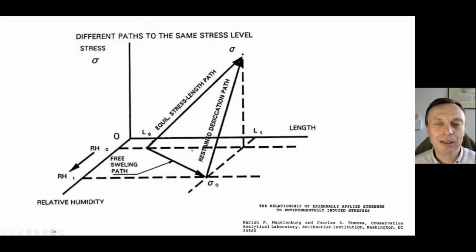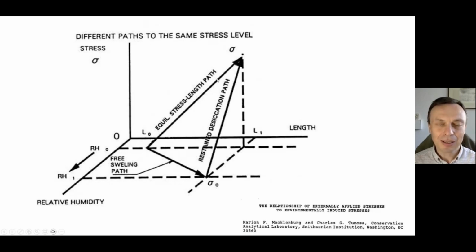We extend the sample by external force, so the stress reaches this point. And you can reach the same level of the stress going through a different path. So let's imagine that we have the wood, we change relative humidity, so it reaches the dimension L1, and then we block the wood in movement, we restrain it, then we lower relative humidity, and the stresses increase and reach the same level.